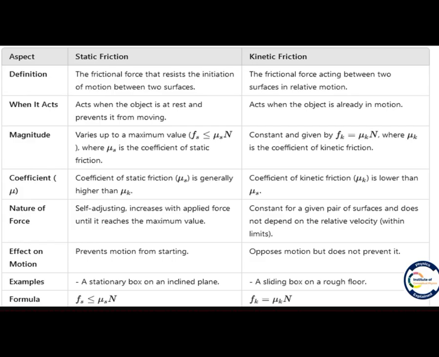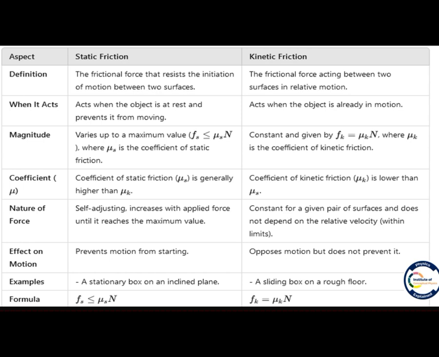It depends purely on the applied force, and then of course it reaches the maximum value of mu s N, but before that it is always equal to the external force you have applied. Whereas kinetic friction, as we already discussed, is always constant for a given pair of surfaces. It will not depend on the relative velocity, right?